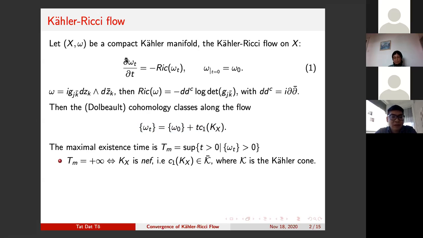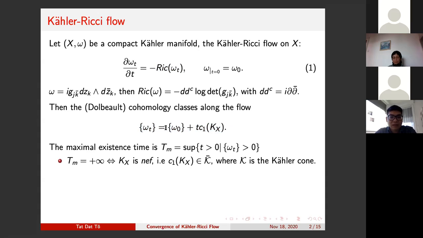If you take the derivative of the cohomology class of omega_t with respect to t, the right-hand side is exactly c_1 of K_X. So you get an ODE for the cohomology class, and from this we have this formula for the cohomology class along the flow.